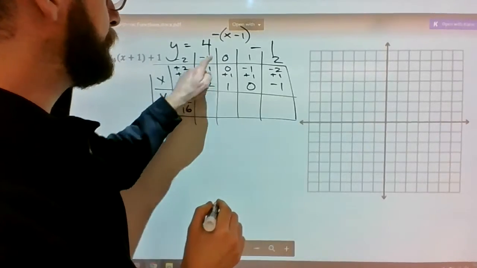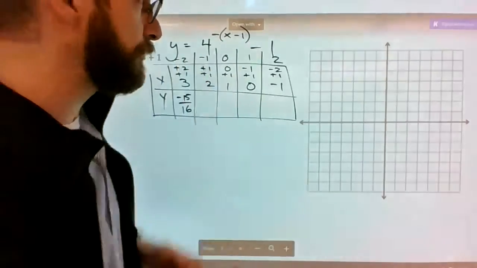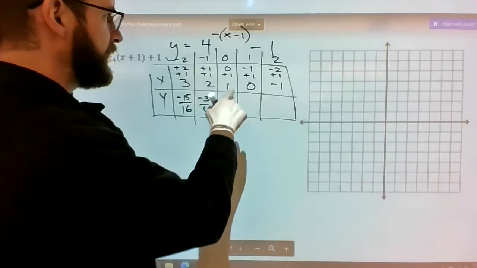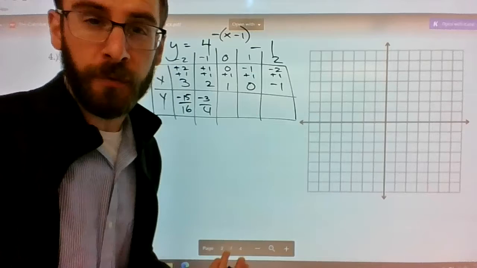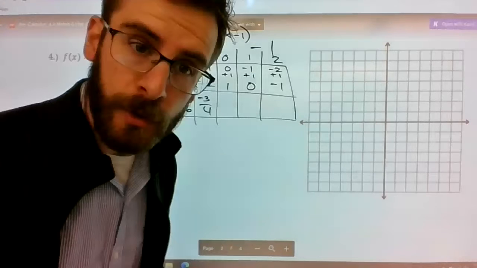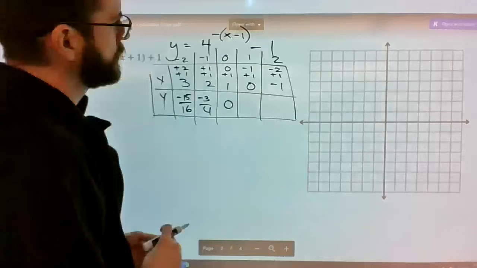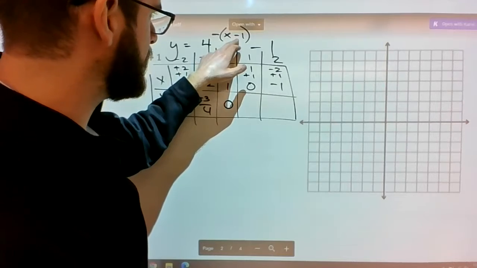And then if you plug in 2, 2 minus 1 is 1. 4 to the -1 is 1/4. 1/4 minus 1 is -3/4. All right, this will be 4 to the -1 minus 1. That'd be 4 to the -0, which is 4 to the 0. 4 to the 0 is 1. 1 minus 1 is 0. And after that, 0 minus 1 is negative 1.